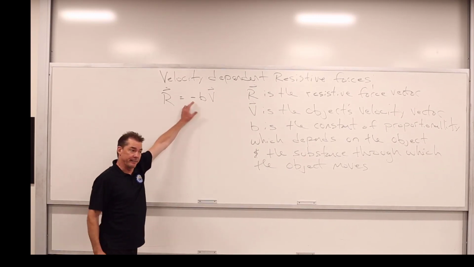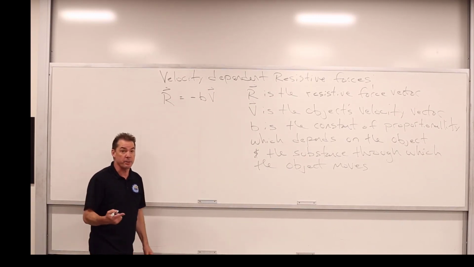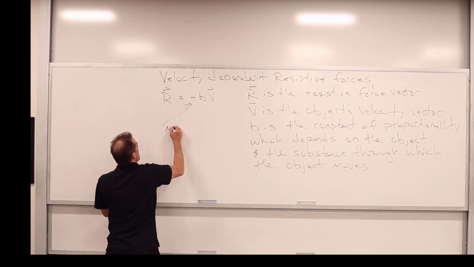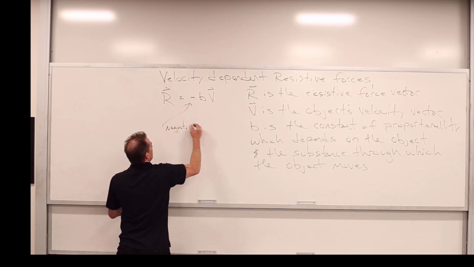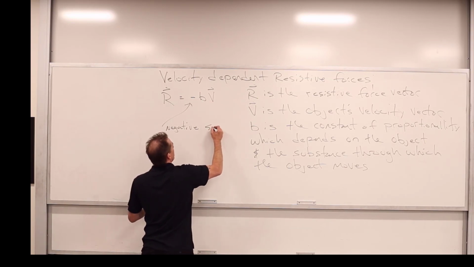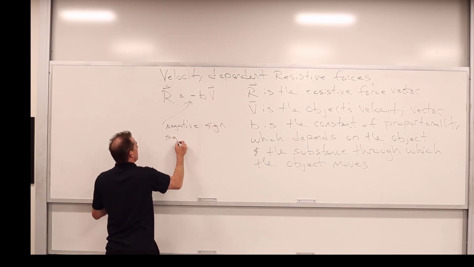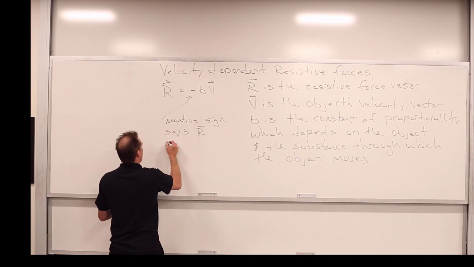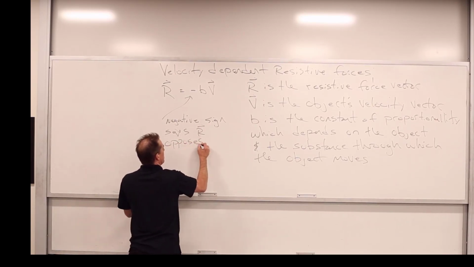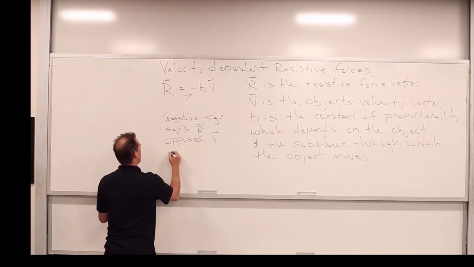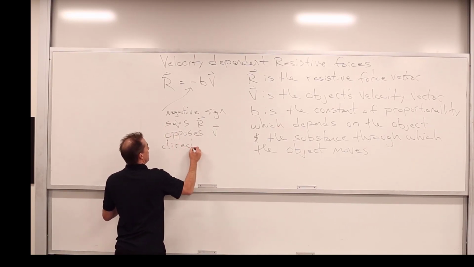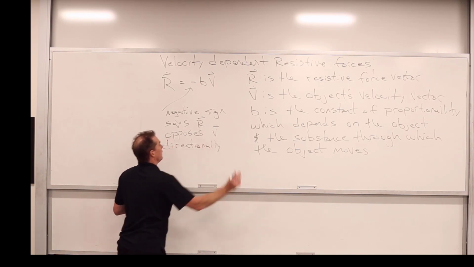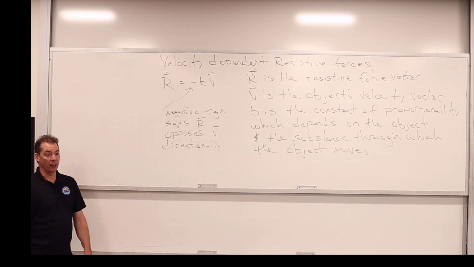The negative sign here tells us that the resistive force is in the opposite direction of the object's motion. That's it. This is what we've got going on.